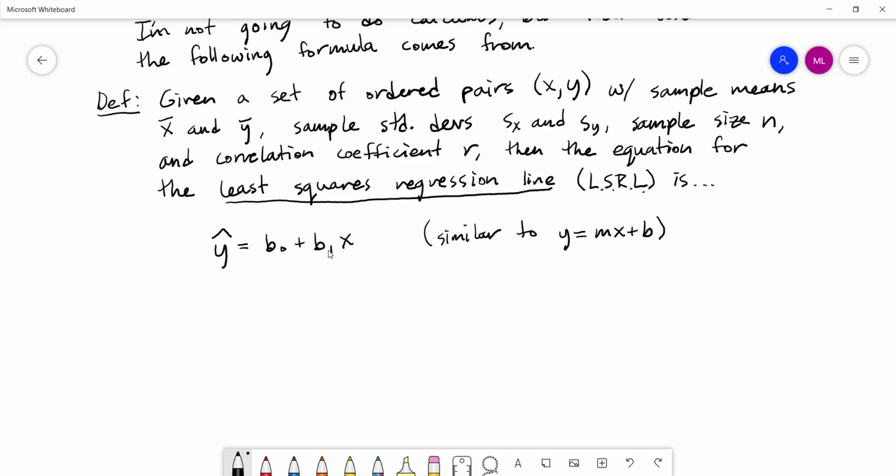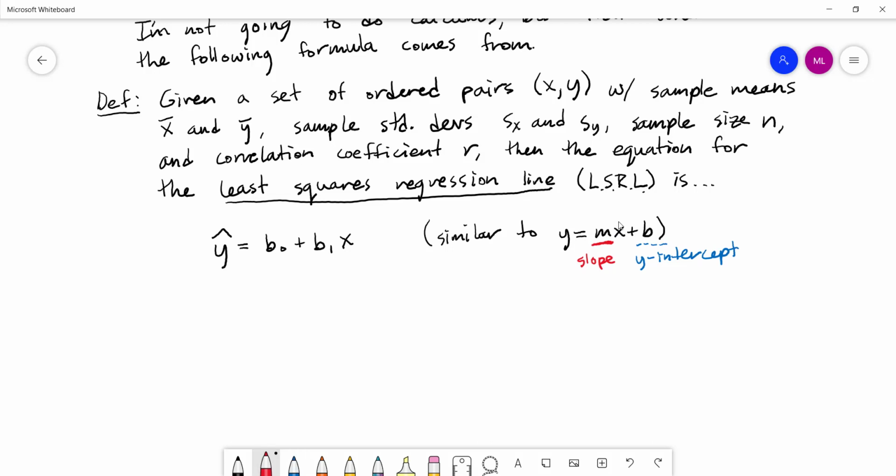Our book uses b0 and b1. This right here, the m, this is the slope, and over here, the b in this case, this is what we call the y-intercept. You may remember some of this from an algebra class. In our case, they have different names. Notice the slope, m, is always going to be the one that's attached to the x, that's multiplying the x.